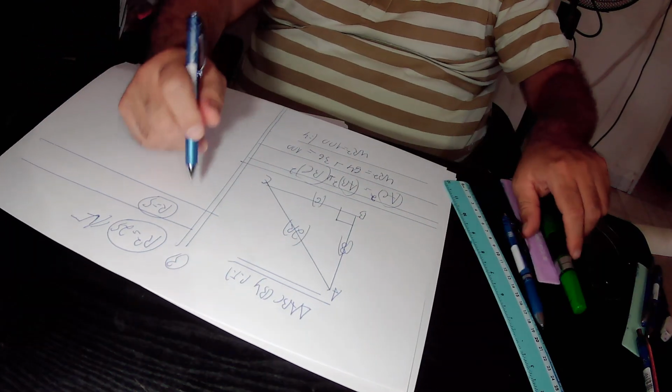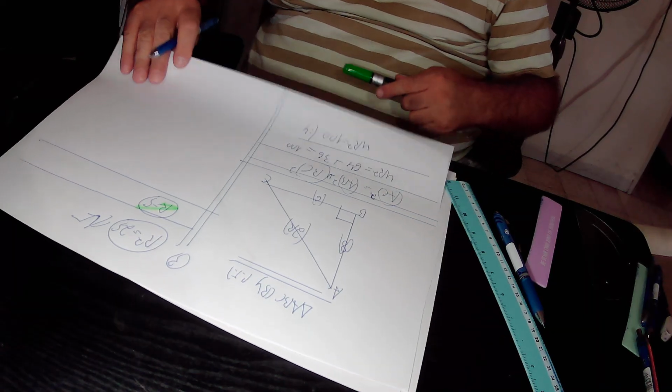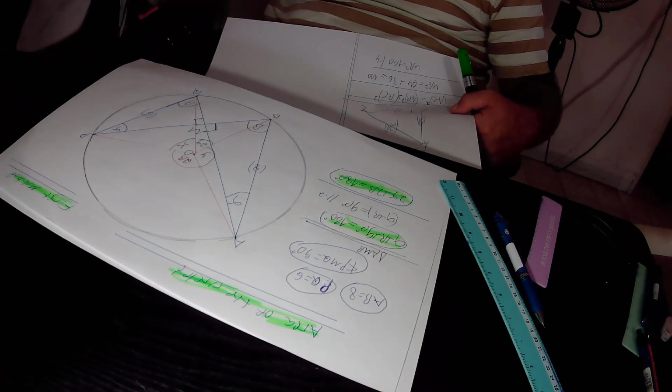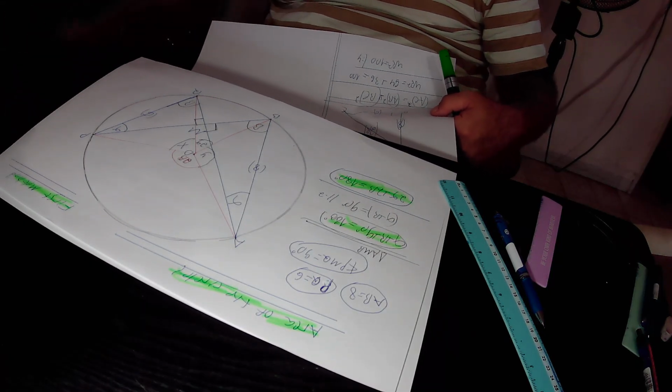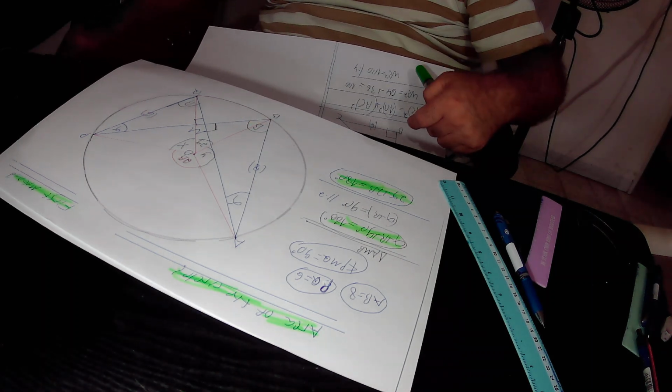So we found out that the radius r of this circle is equal to 5 units in length.